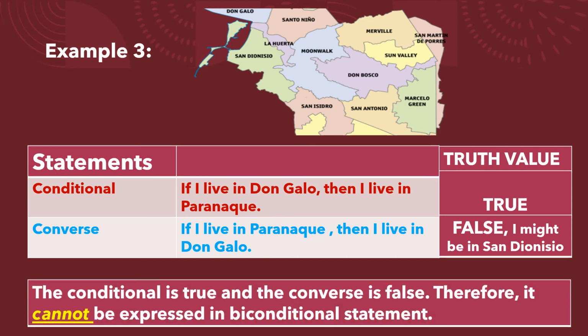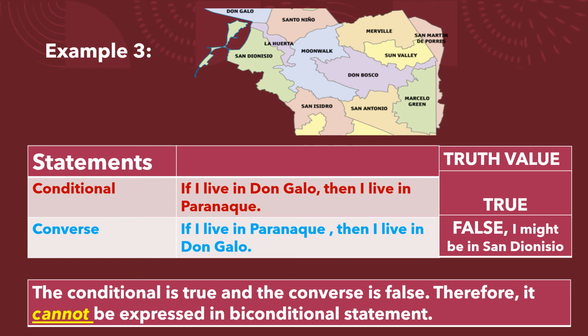All right? Because by definition, it should be both the conditional and the converse. They should be true, right? And so in this case, the conditional is true and the converse is false. Therefore, it cannot be expressed in biconditional statement.